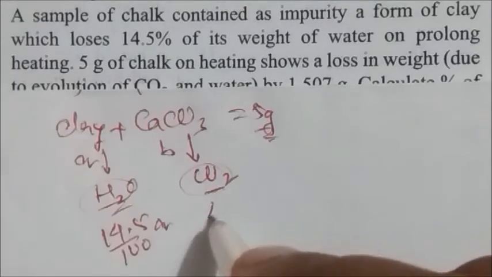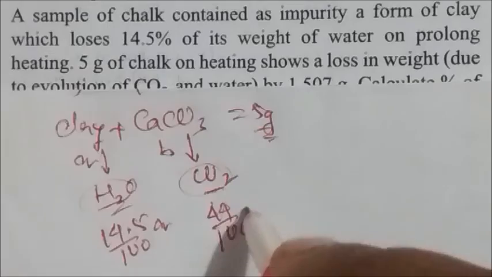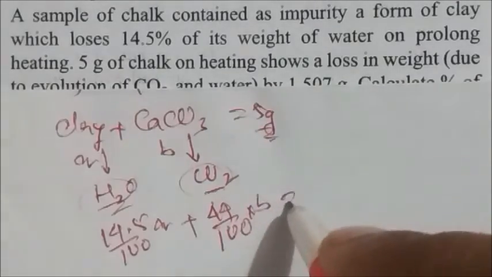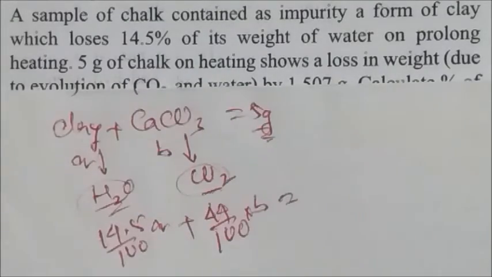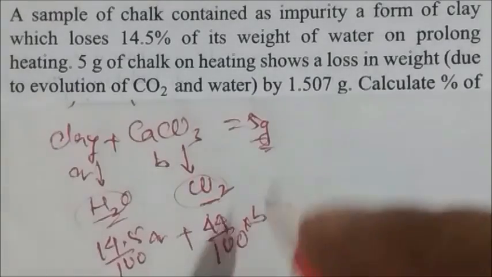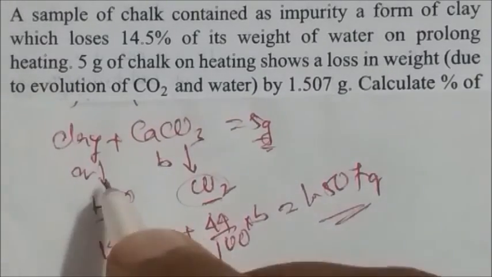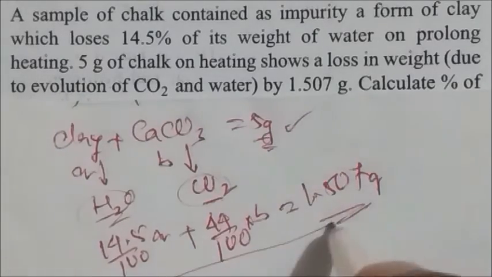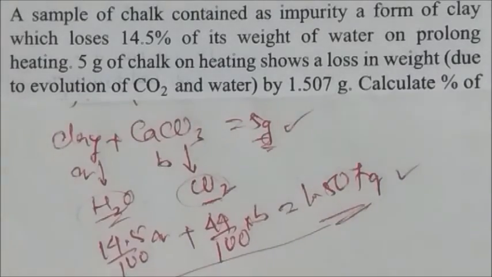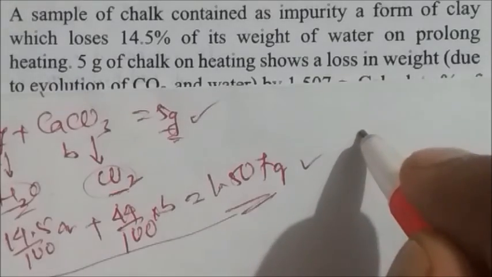So 44 by 100 into B, and if you sum it, the loss of weight is given 1.507 gram. So A plus B is 5 gram, and this is given this much gram.